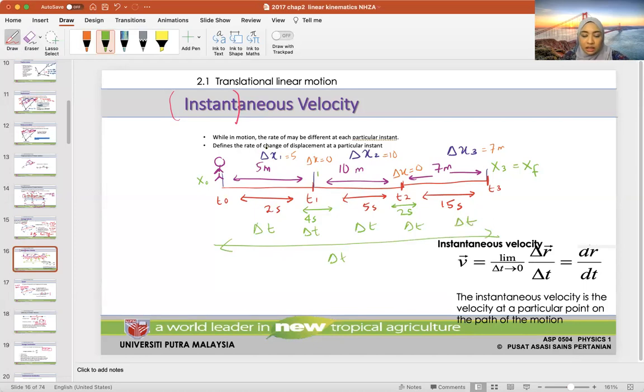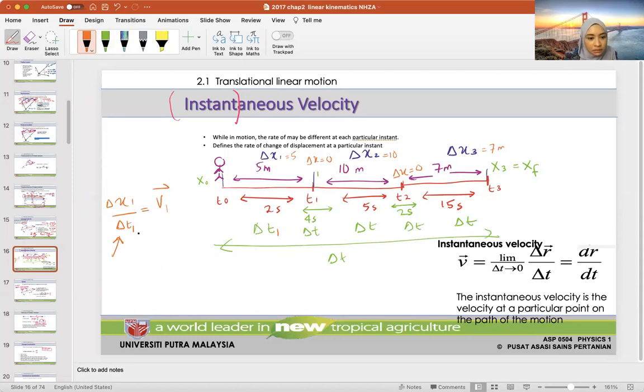So can I say delta x1 over delta t1, which is t1 minus t0, equal to the instantaneous velocity v1? Yes, sebab duration of time kat sini is smaller than the total duration of time.